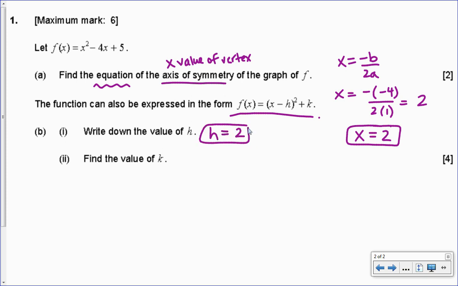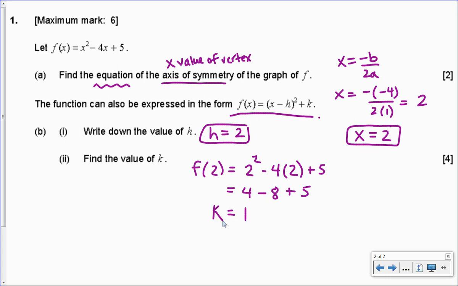And then to find the value of k, we know that we just have to plug 2 back into the original function. So we'll be looking for f of 2, and it'll equal 2 squared minus 4 times 2 plus 5. So 2 squared is 4 minus 8 plus 5. It's a non-calculator question. These numbers are manageable. 4 minus 8 is negative 4, plus 5 is 1. And so the value of k is 1.